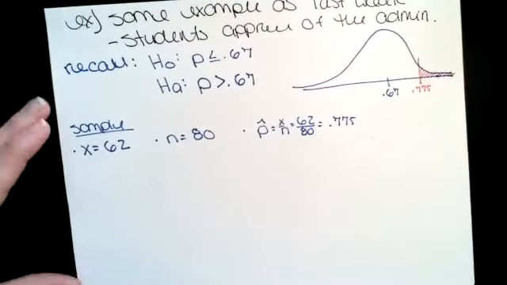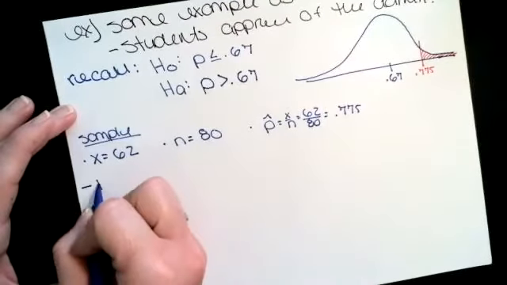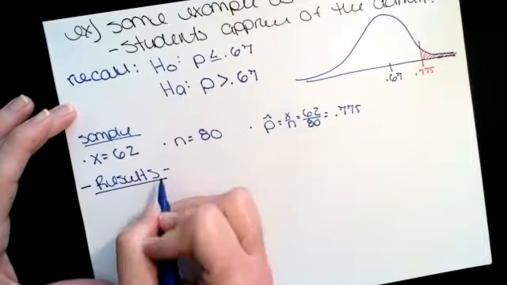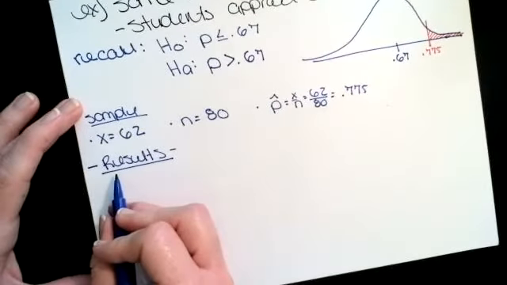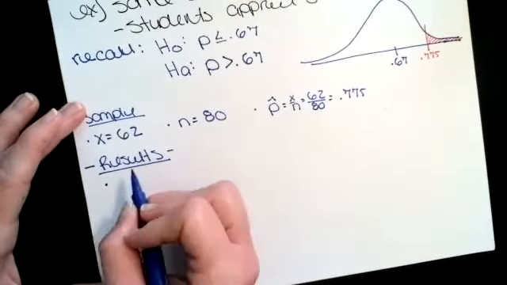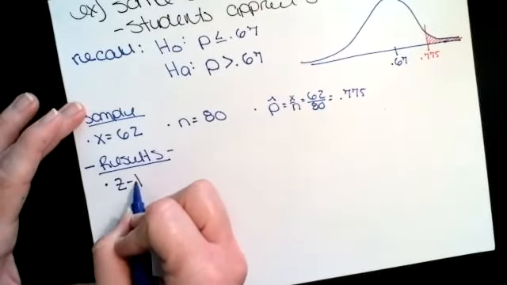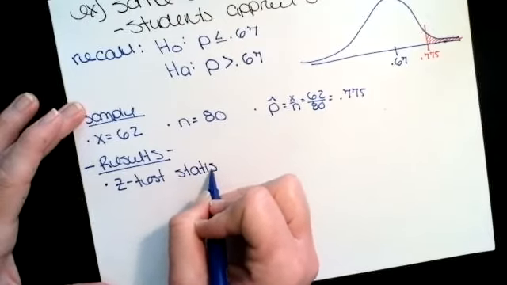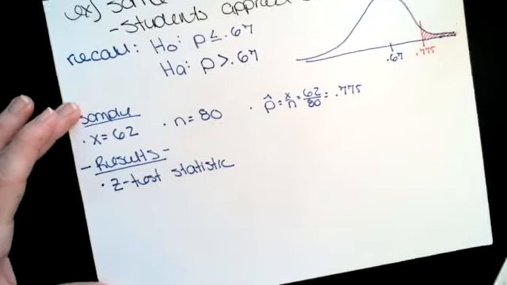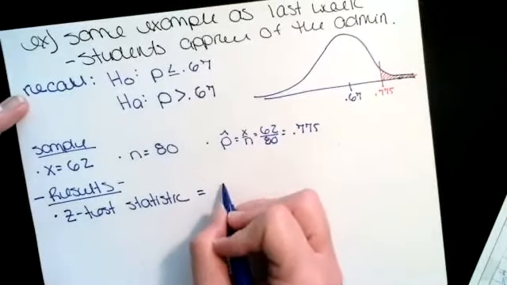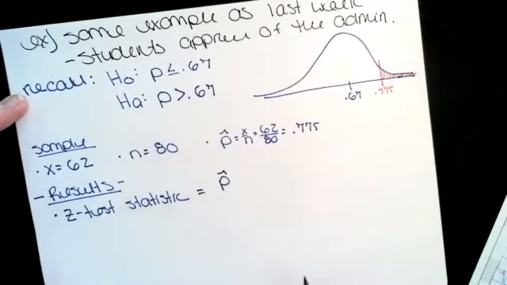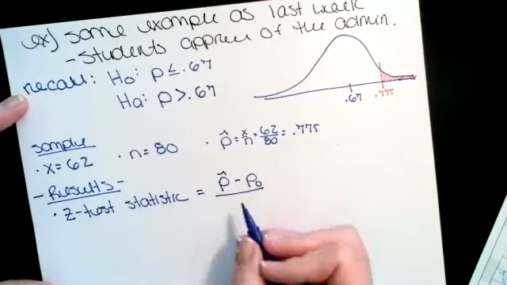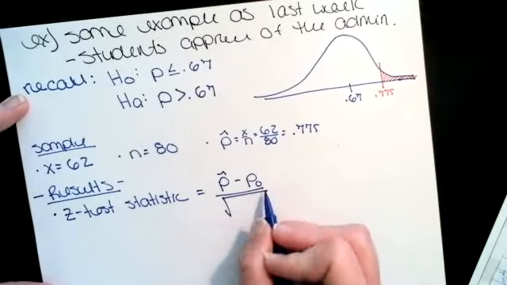So for our results step, I need to calculate Z first. So I need to find the Z test statistic. So for my Z-test statistic, I'm using the calculation of my sample proportion minus the center divided by the spread. I'm actually going to write the formula right in here.